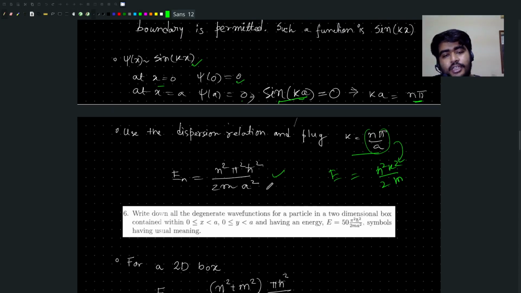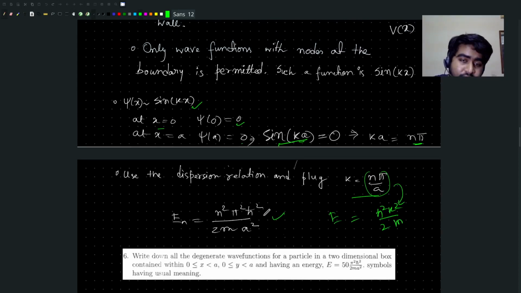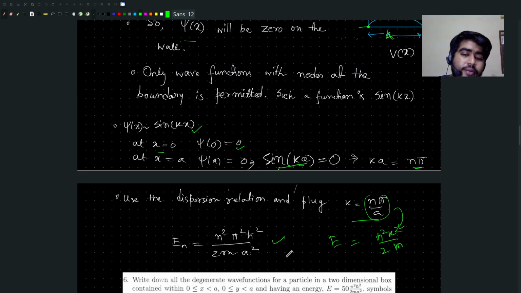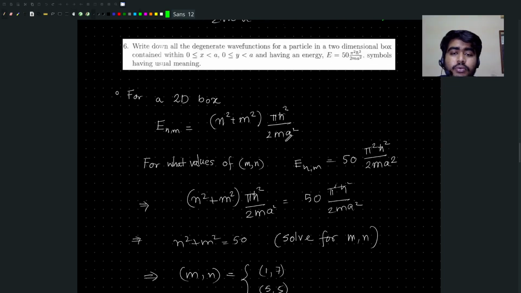So this is nothing new, but this is another kind of approach to get the eigenspectrum of your regular particle in a 1D box. Okay, so in the next problem, you are supposed to write down all the degenerate wave functions for a particle in a two-dimensional box contained in 0 to a in the x direction, and also 0 to a in the y direction.